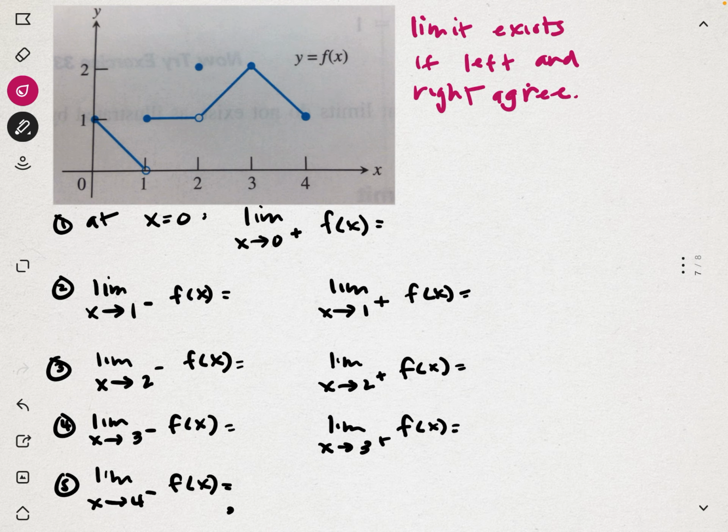So we are going to find what this value is approaching from the left side, what's approaching from the right side, and we're going to say that if they're the same, then we have an overall limit. So we're just using this simple graph here.